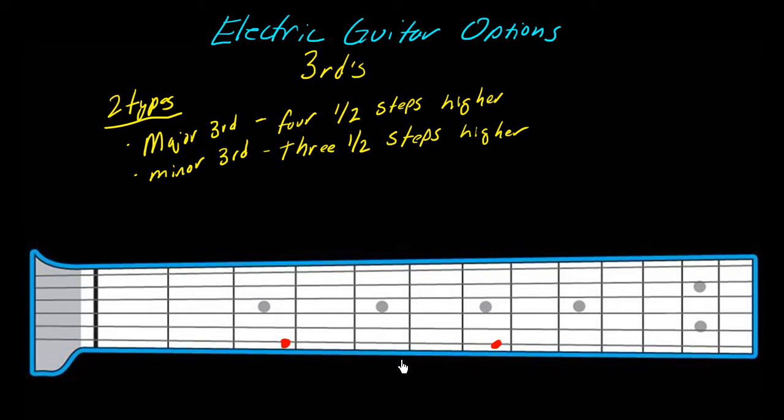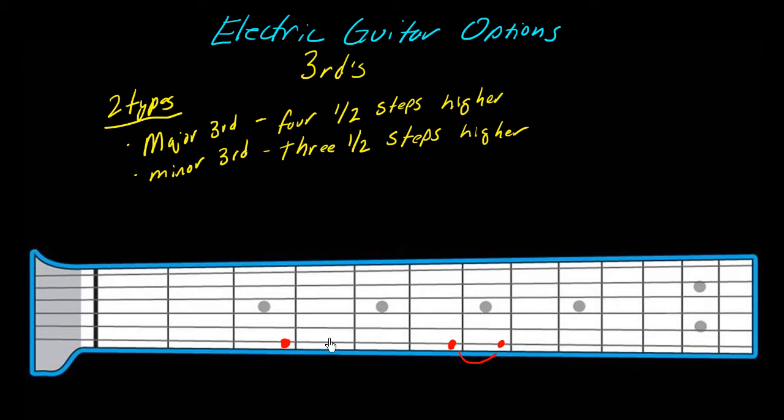And a minor third would be 3 half steps. So basically from here it's 1, 2, 3. So the difference between a minor third and major third is right here. Now, the goal in these thirds is to play them together along with the root.